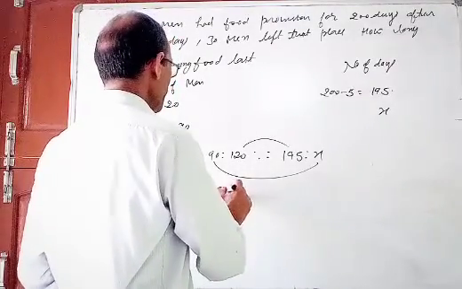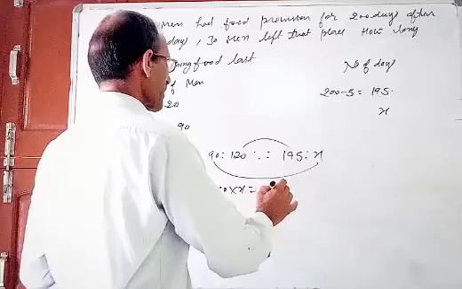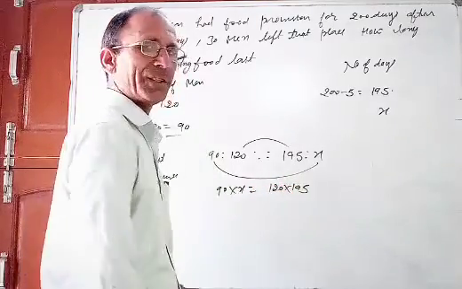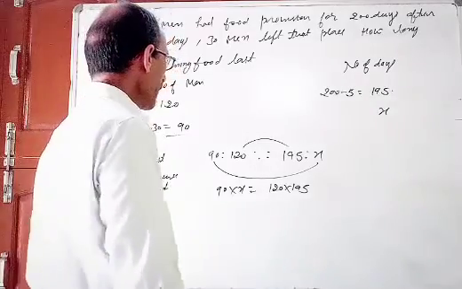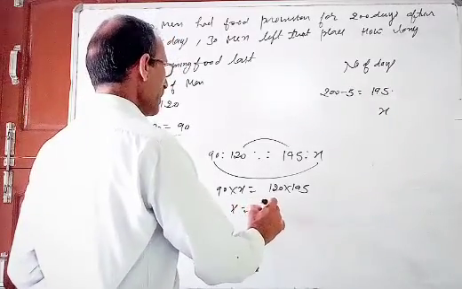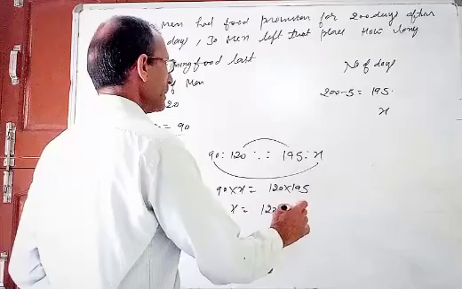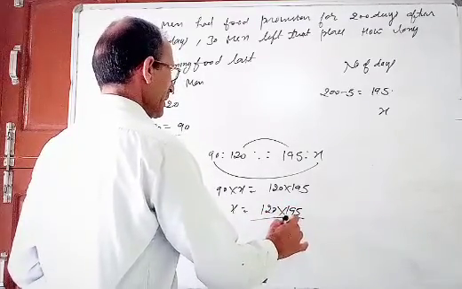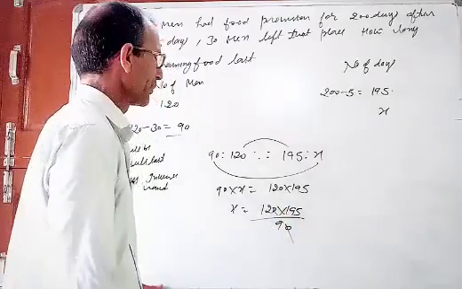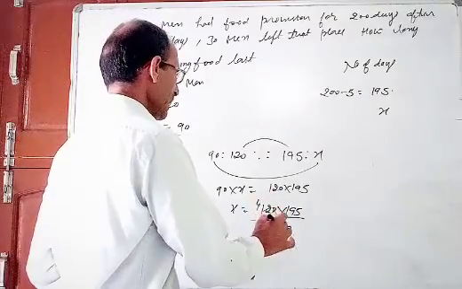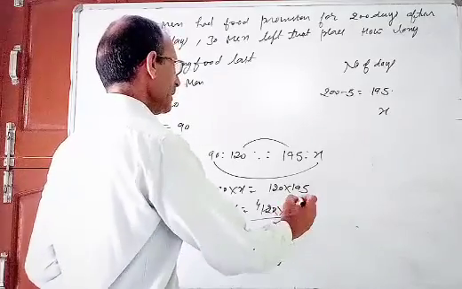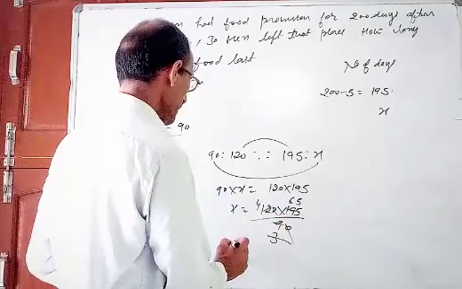So 90 multiplied by x equals 120 multiplied by 195. So x will be 120 times 195 by 90. 0 cancels 0. 3 4s are 12. 3 3s are 9. 3 6s are 18. 3 5s are 15.